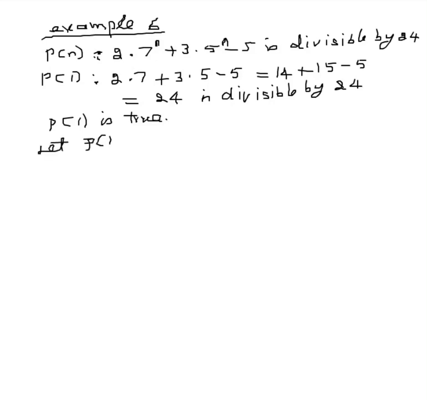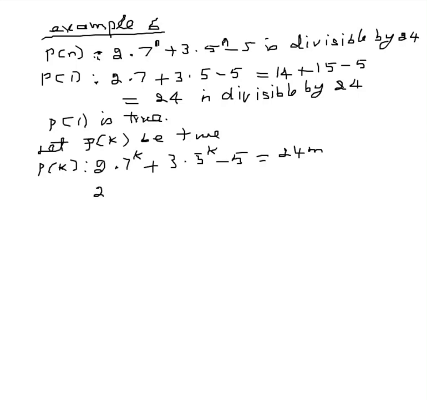Now, let P(k) be true, and write the P(k) statement, which is 2 into 7^k plus 3 into 5^k minus 5 is divisible by 24. If it is divisible by 24, it will be a multiple of 24, so I can take it as 24m. Now from this, 2 times 7^k is 24m minus 3 times 5^k plus 5.